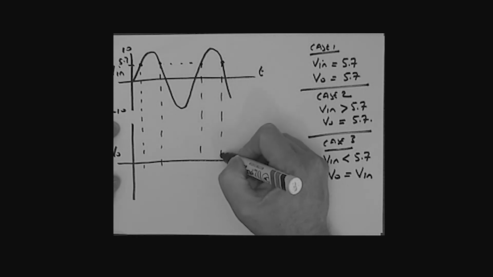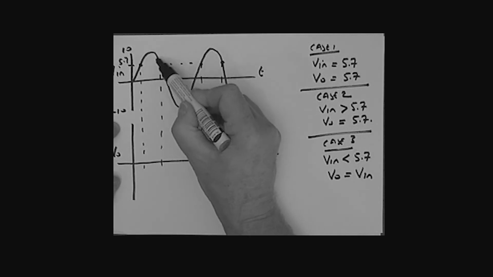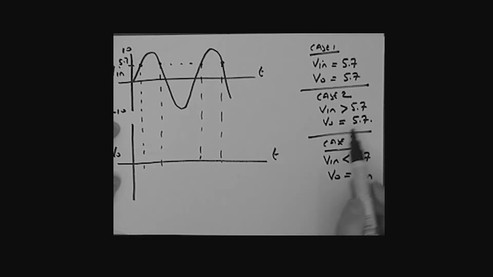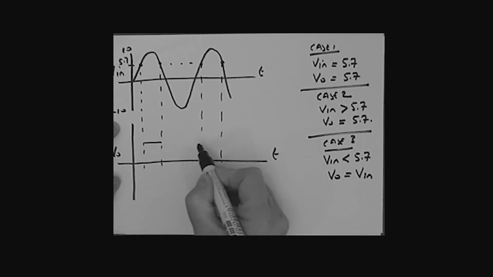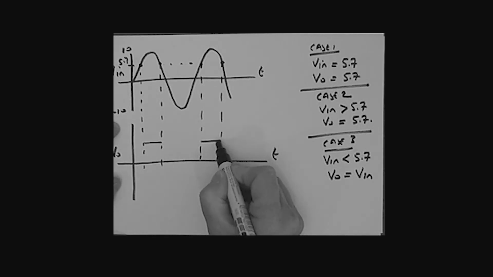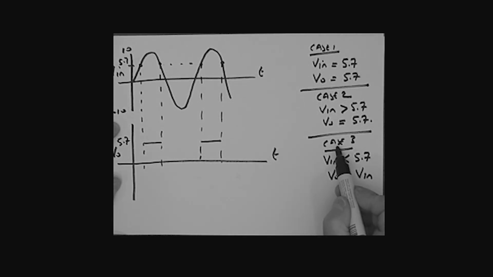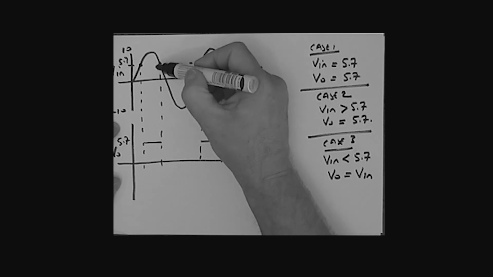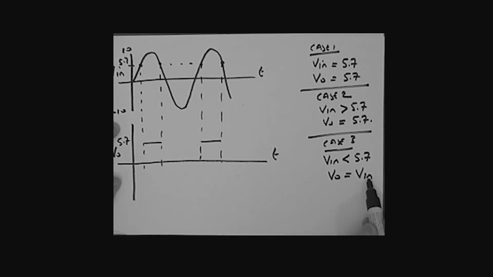All right, now let's look at the next case. When V in is greater than 5.7, that's here and here, what's happening to the output? Well, it remains fixed. At what value? 5.7. So that remains fixed at 5.7. So there is that at 5.7. Case number 3, when V in is less than 5.7, that must be all of this and all of this, right? And this, the output is equal to the input.